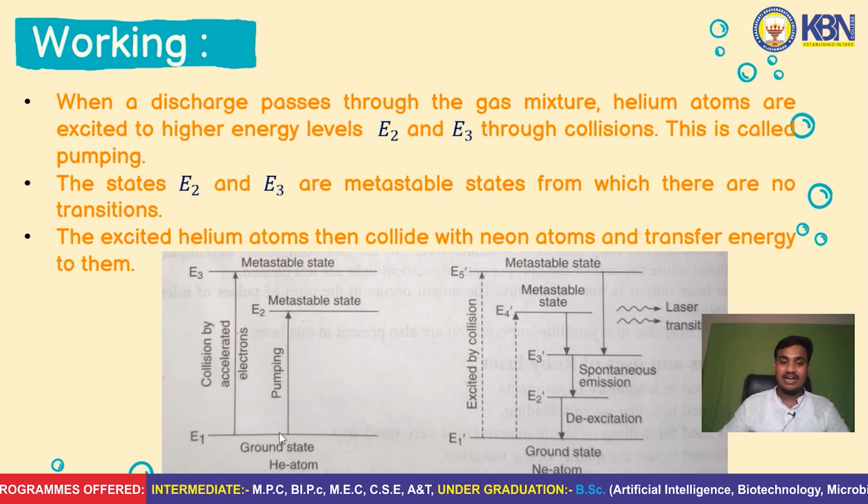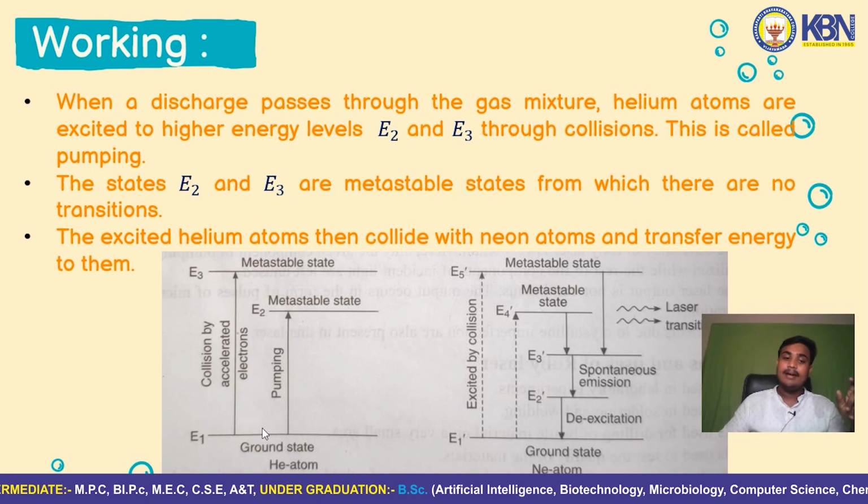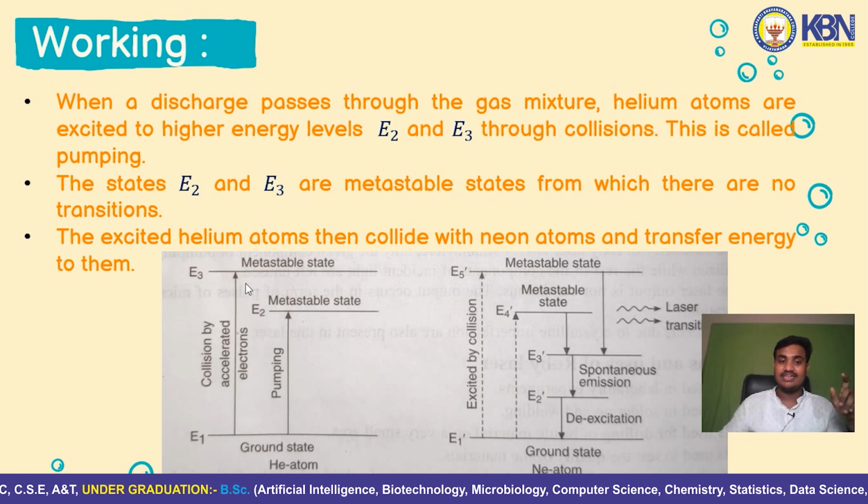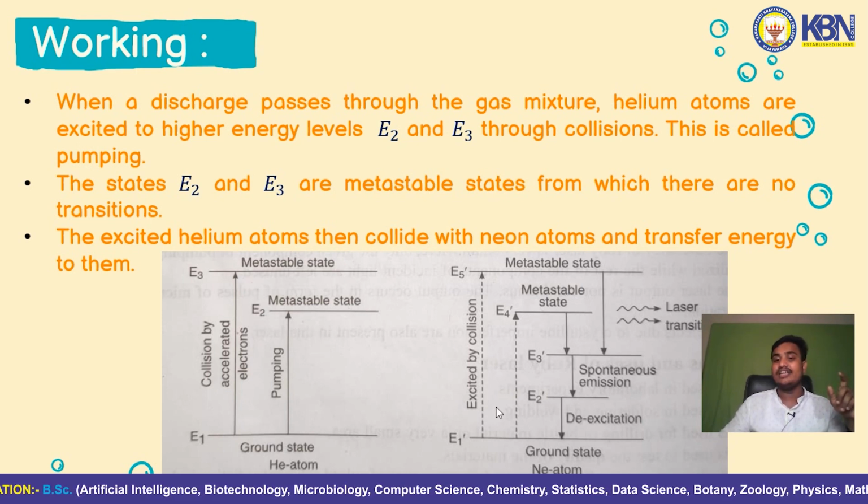Initially, the helium atoms present in the ground state absorb energy in the discharge tube and go to the energy states E2 and E3. Now they transfer their energy to the neon atoms by atomic collisions.